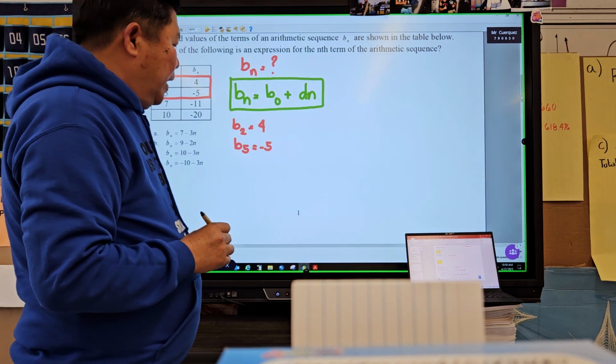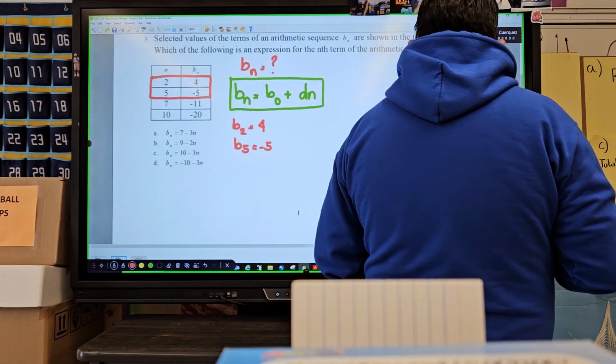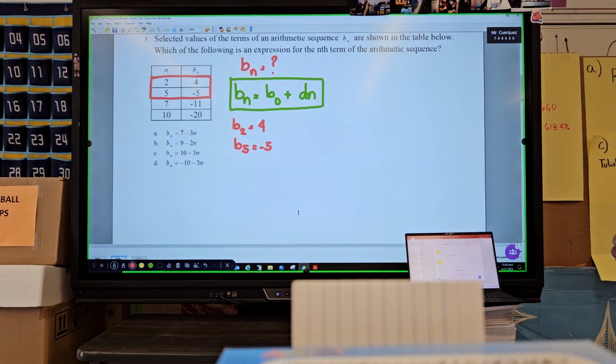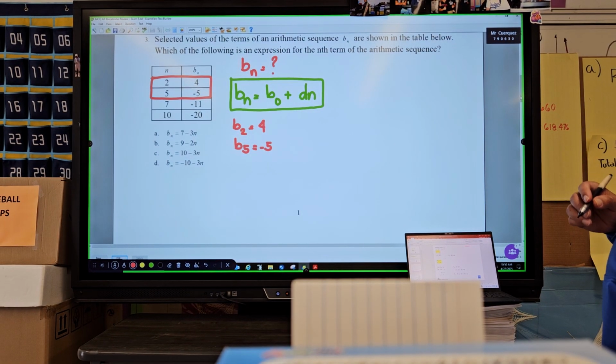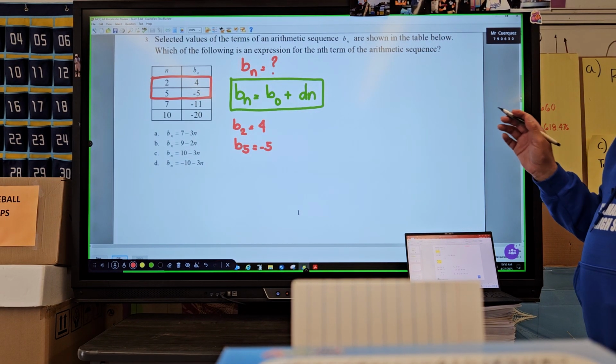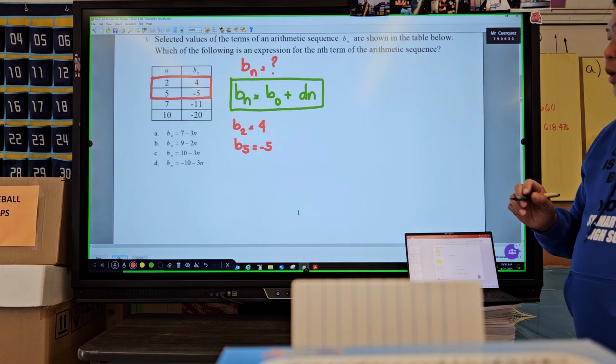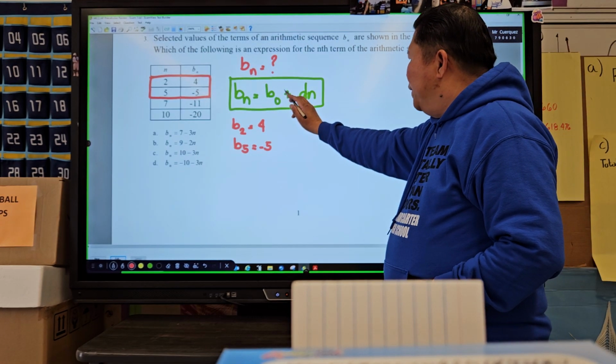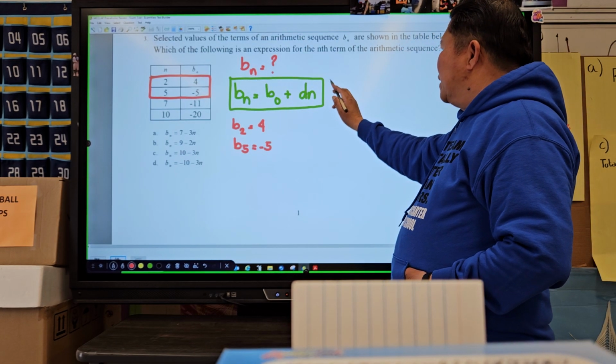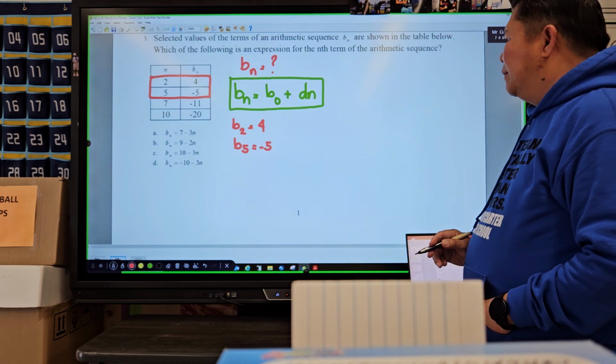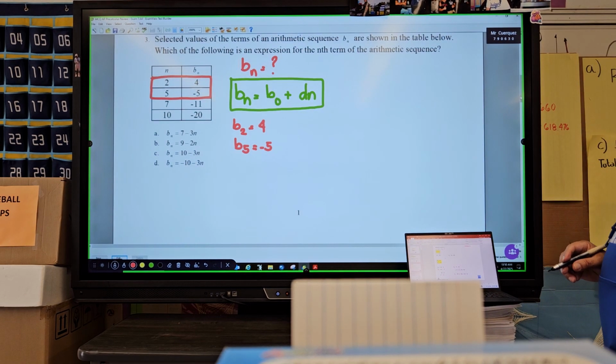Which means to solve for b sub o, we're going to solve first b sub o by doing b sub o is equal to, what do you think? Plus 2d is equal to 4, right?